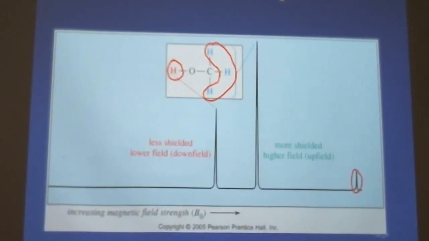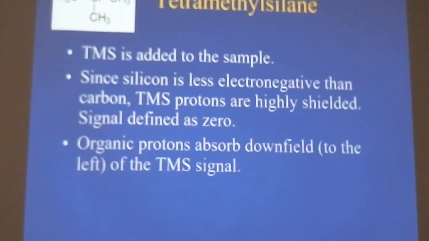this right here is tetramethylsilane. Tetramethylsilane is this molecule. Silicon is a very non-electronegative atom, and all 12 of these hydrogens are identical.